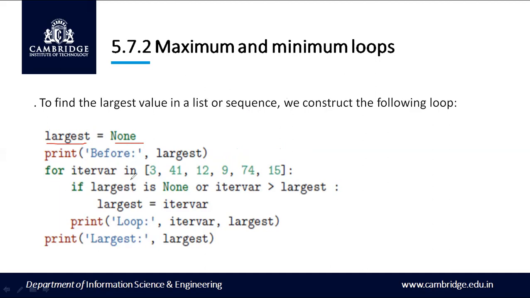For the iteration variable in this list of items, if largest is None or the iteration variable is greater than largest, then largest will be that iteration variable. Basically it traverses through all of the numbers, compares each number to the other numbers, and finally comes up with the largest number.